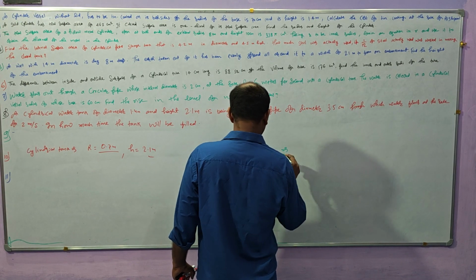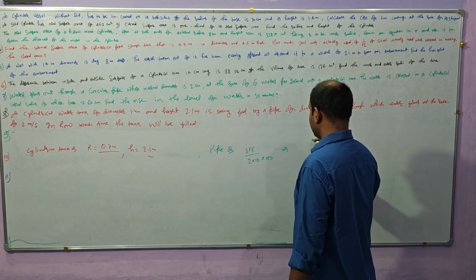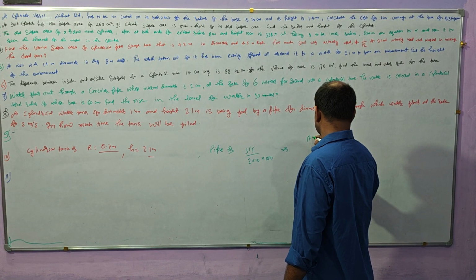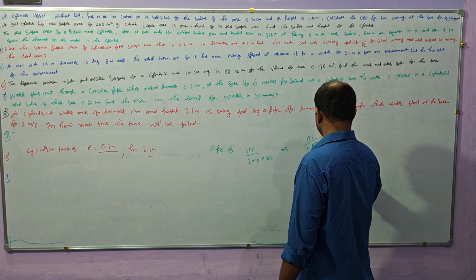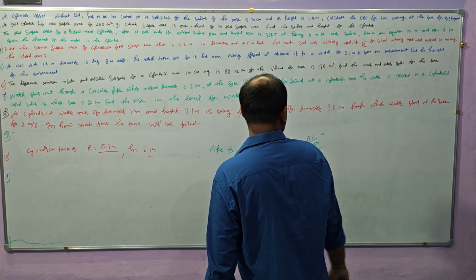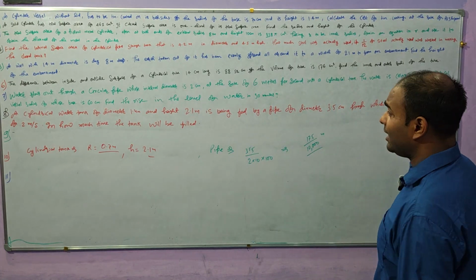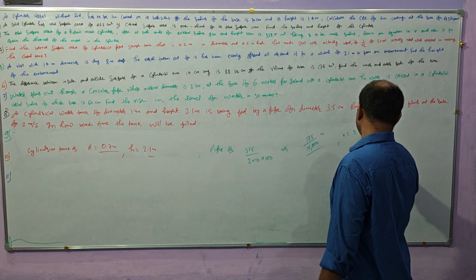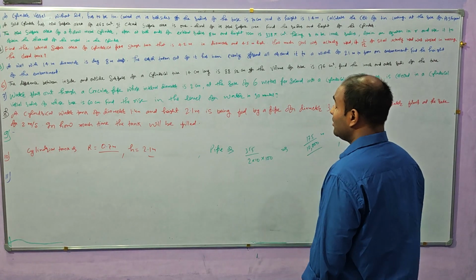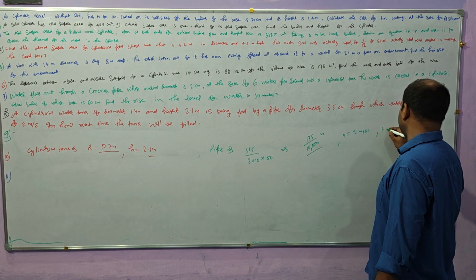So we can say 175 upon 10,000 meter, and water flows at a rate of 2 meter per second. That means v is equal to 2 meter per second, and we need to find out t is equal to what.